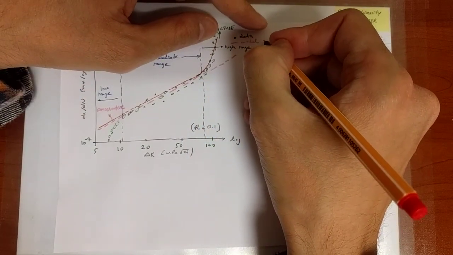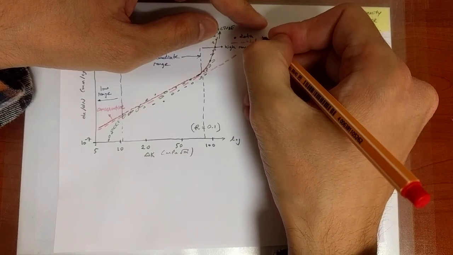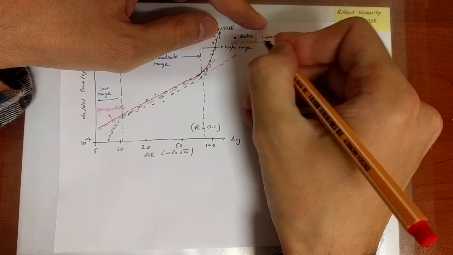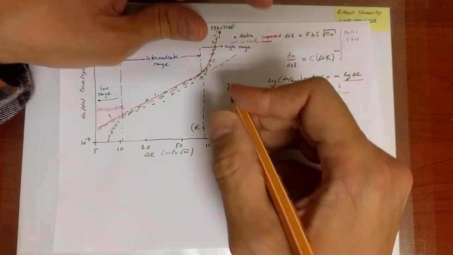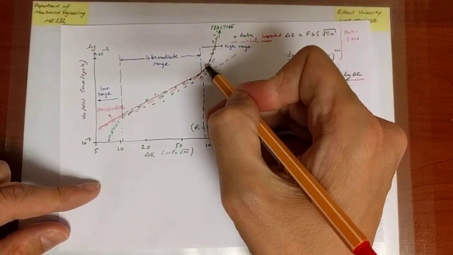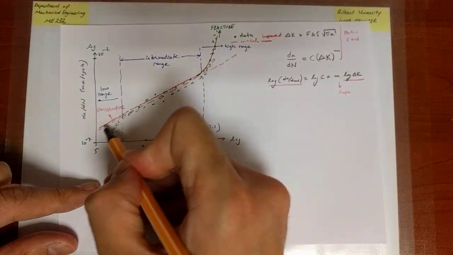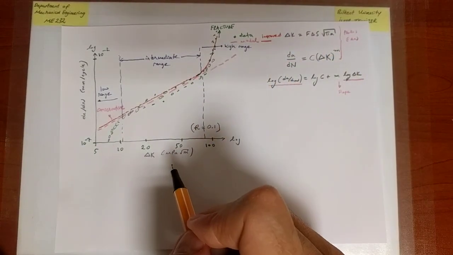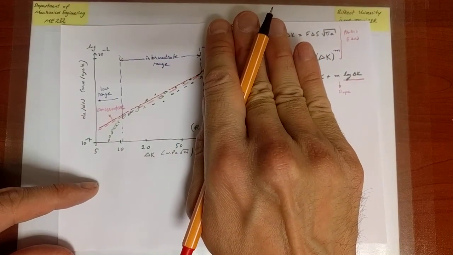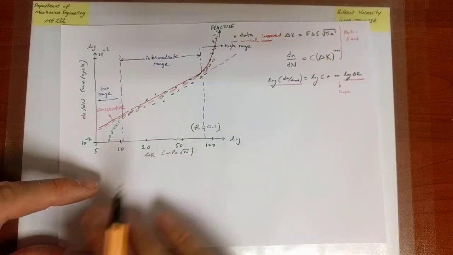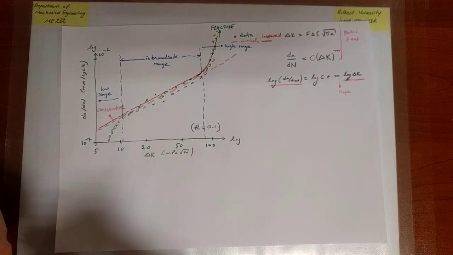So the model, if it is improved, will be the solid red line. That's ultimately my goal. Presently what I have is my dashed line, which is the Paris equation. Still, it's not bad. It works very well up into the high range, but then in the high range, it sort of stops to function well.